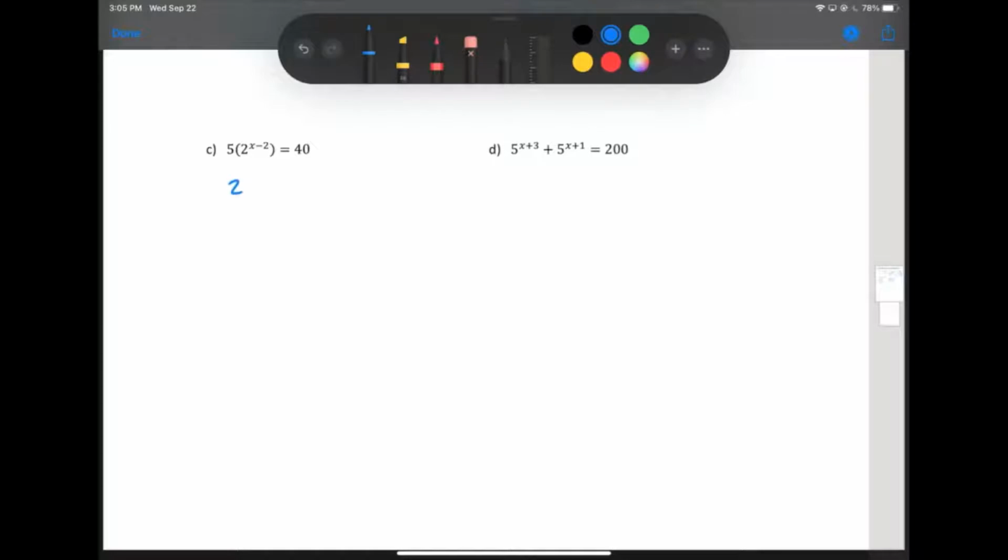When you do that, you get 2 to the x minus 2 equals 8. And now you can write this as 2 to the x minus 2 equals 2 cubed. So x minus 2 is 3, and x is 5. Again, I'm not sure why it happens. People forget the basic math when they're trying to do the more advanced math, but division by 5 on both sides makes this a lot easier.